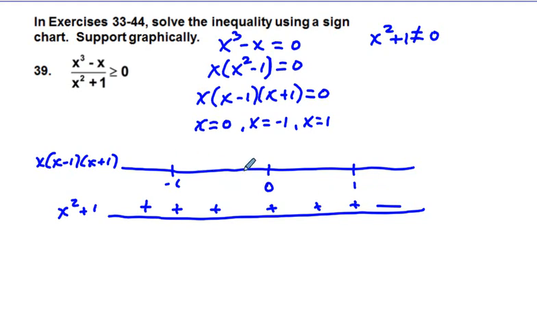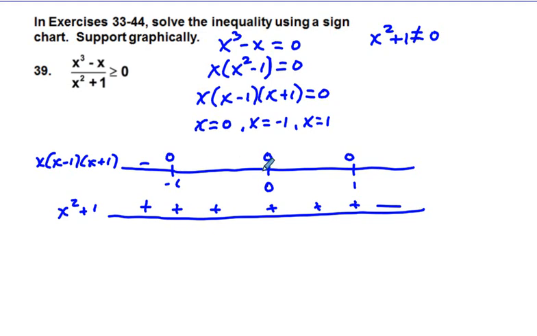Okay, and now for our numerator, we'll have a 0 here at -1, a 0 here at 0, and a 0 here at 1. And so we're just going to have to analyze what happens between these zeros. To the left of -1, we're going to have a negative times a negative times a negative to get negative.